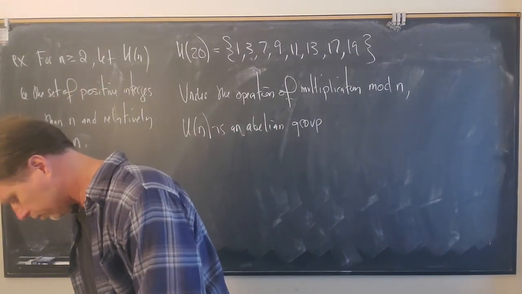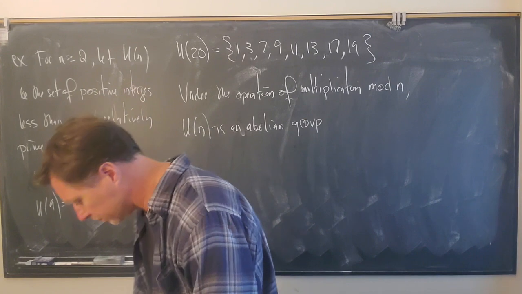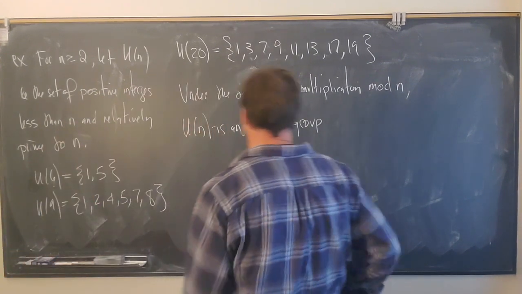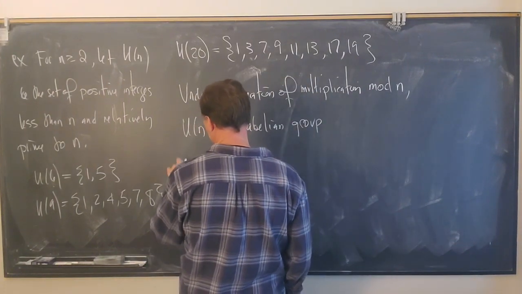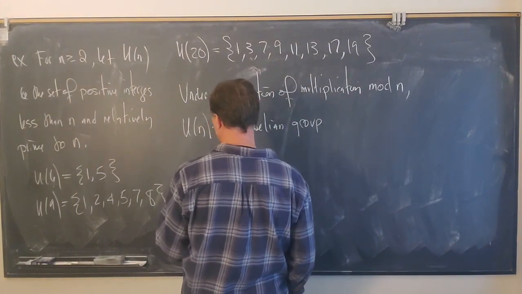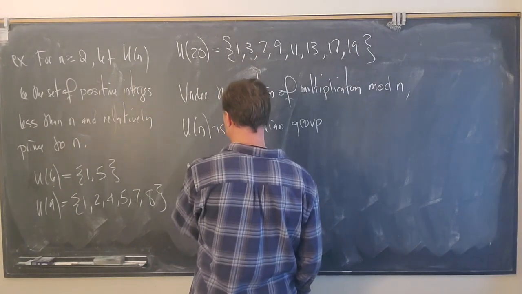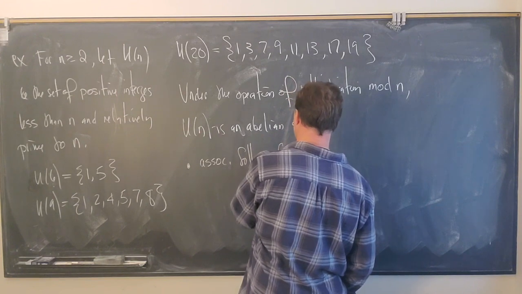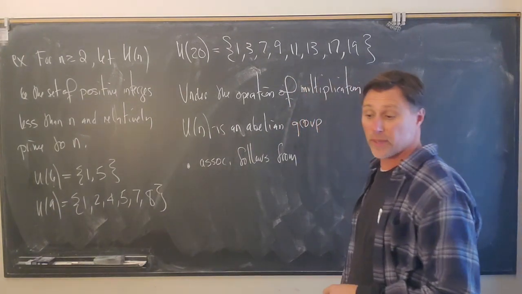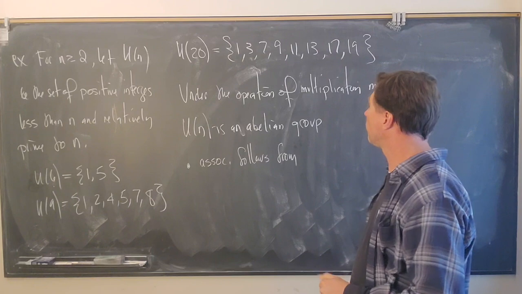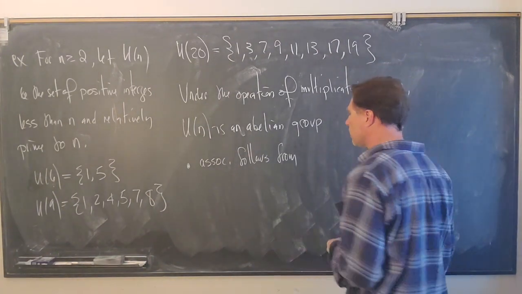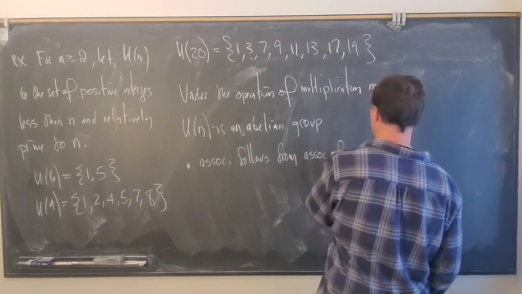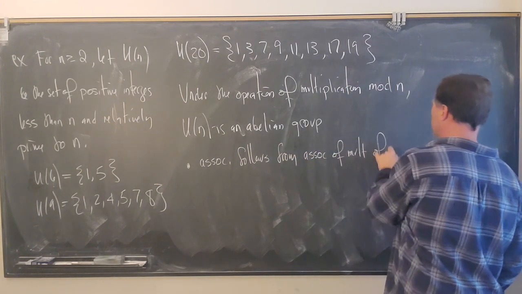Now, here's what you'll need for this. Of course, associativity is automatic. So associativity follows from associativity of multiplication of real numbers.